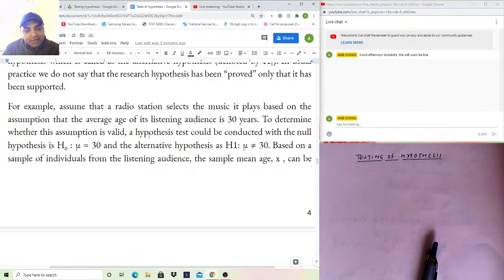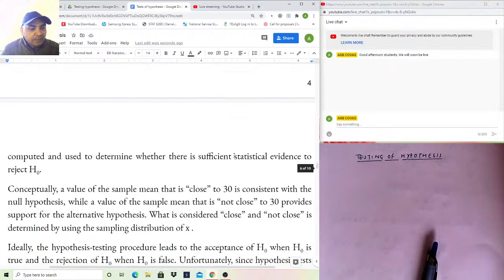And our alternative hypothesis, H1, will be that the population mean is not equal to 30. Based on a sample of individuals from the listening audience, the sample mean age x̄ can be computed and used to determine whether there is sufficient statistical evidence to either reject or accept the null hypothesis.